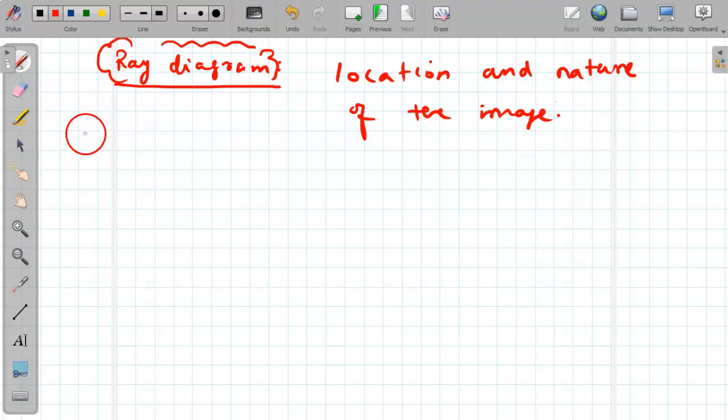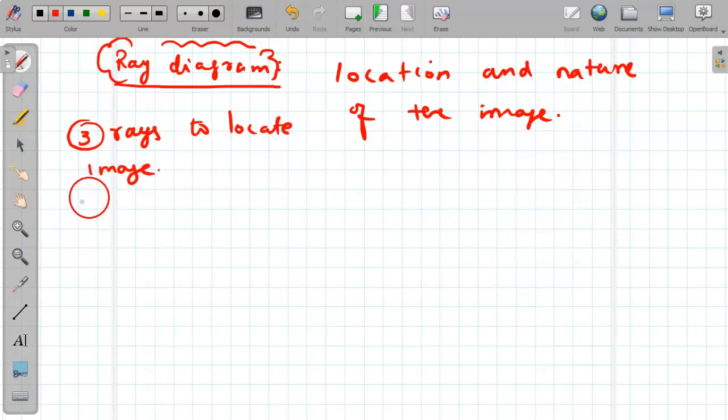In the examination, sometimes they will ask, draw three rays to locate the image. Most of the time they just say, find the image position, that is the location. Find the location and nature.